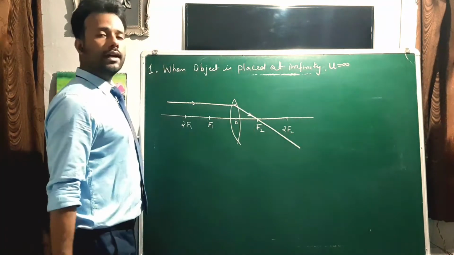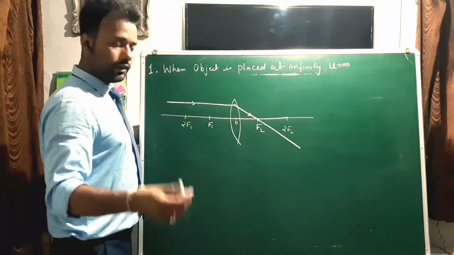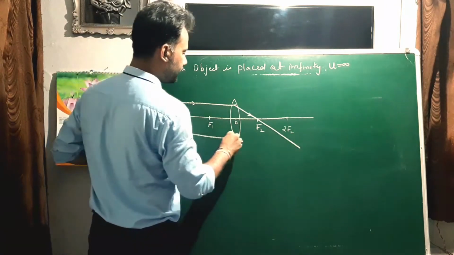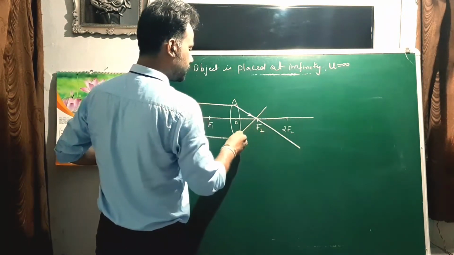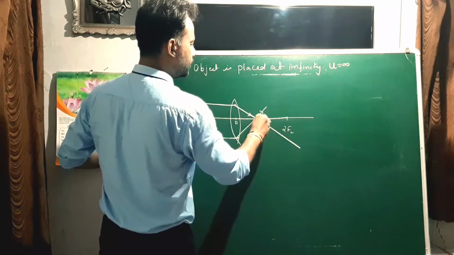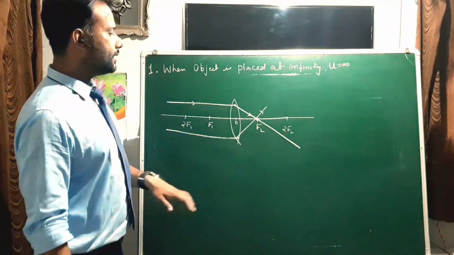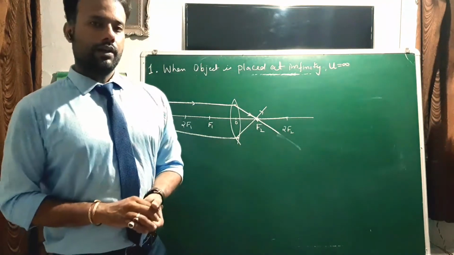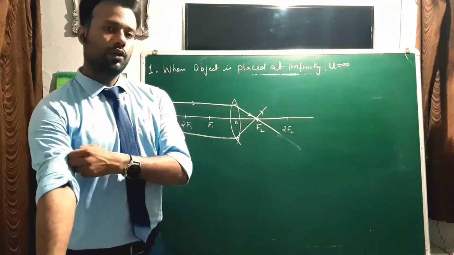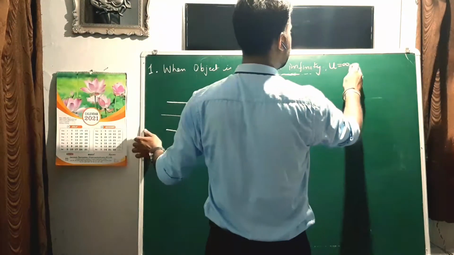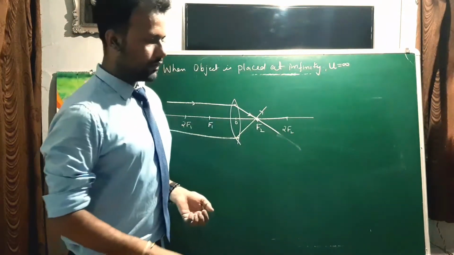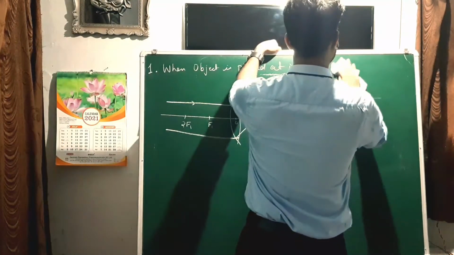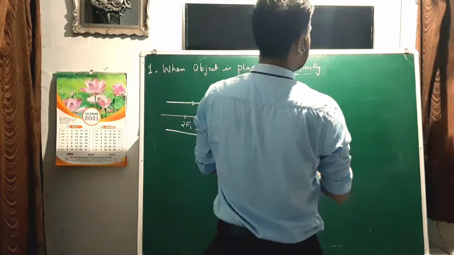As I told you, we need at least two rays to find the image of the object. So one more I am taking, the same. If you see here, they are intersecting at the focus. So for the location, I'm writing a table here.